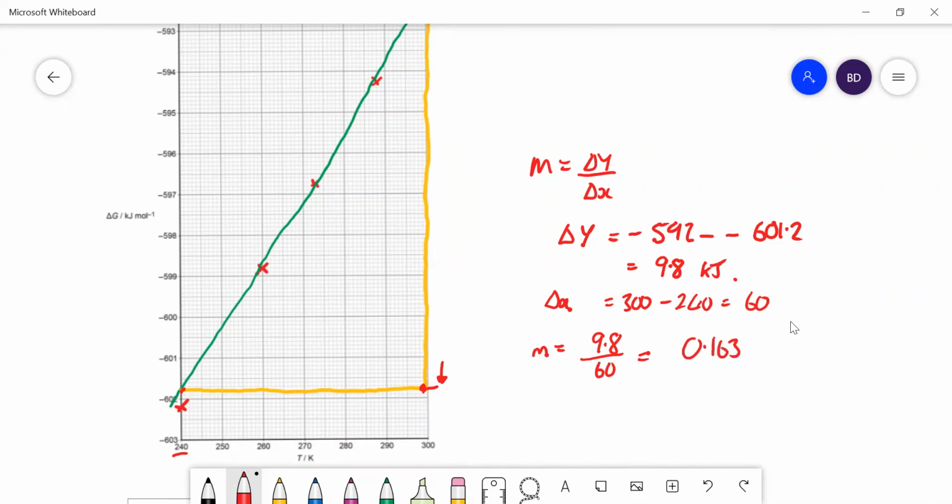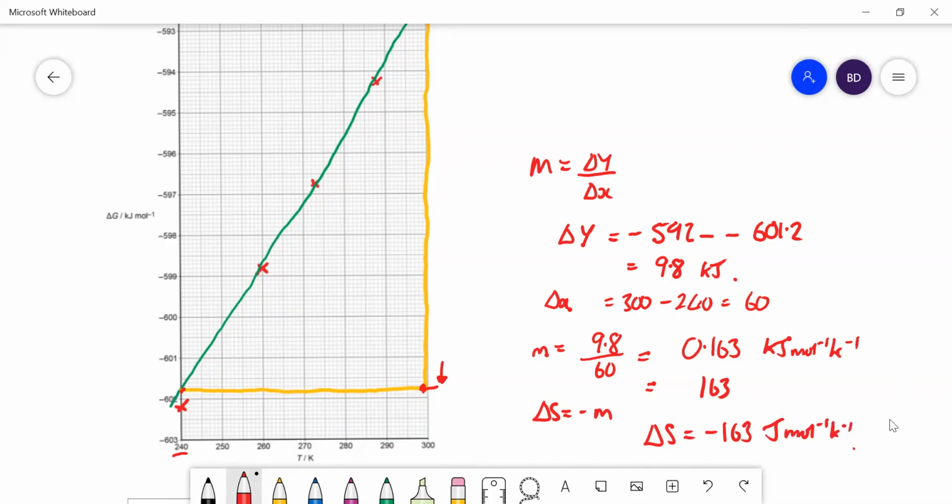Now the units there are going to be kilojoules per mole per Kelvin. So let's convert that into joules. So it's going to be times by 1,000. It's going to be 163. Now we've said that delta S is equal to minus the gradient, so delta S then is equal to minus 163 joules per mole per Kelvin.